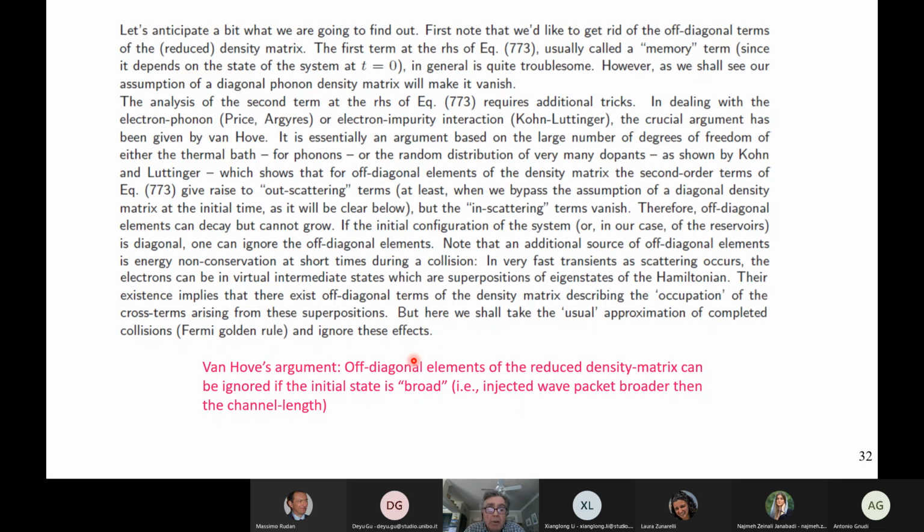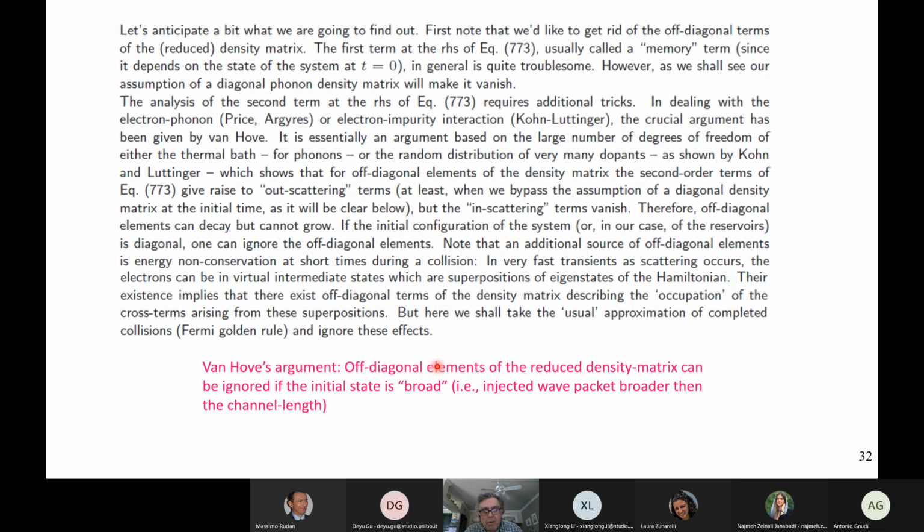Or we have many impurities averaged over different configurations at random without any phase coherence between the various scattering processes and the various configurations. Then you can derive, and as we will see how, the master-like form of the collisional operators, assuming that we have an initial state which is in one of the particular states in those two classes that we listed before, either broad energetically or narrow energetically.